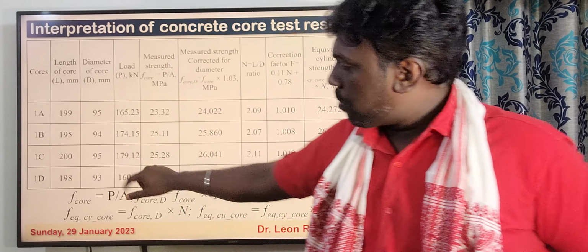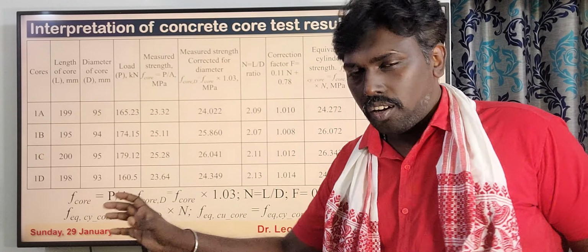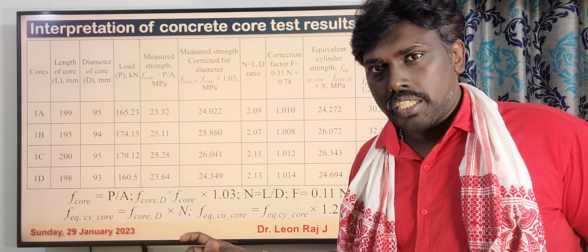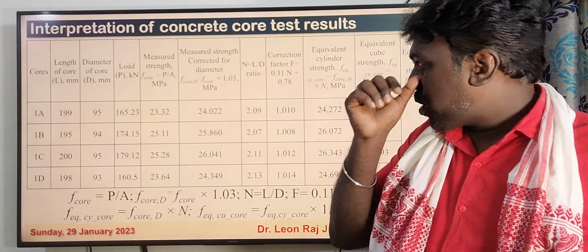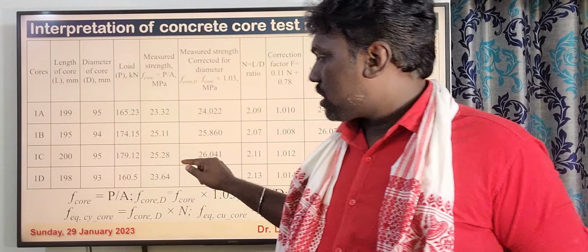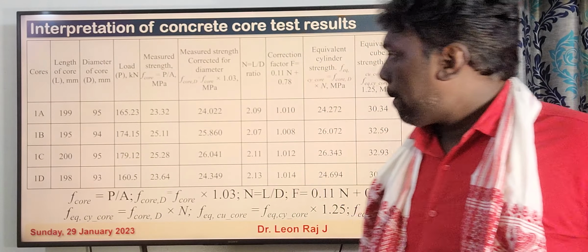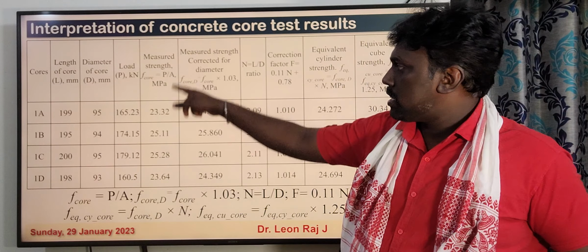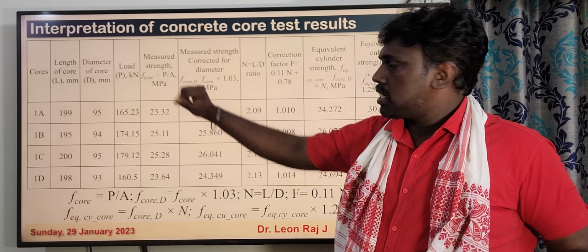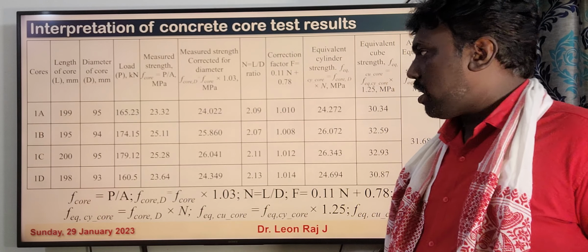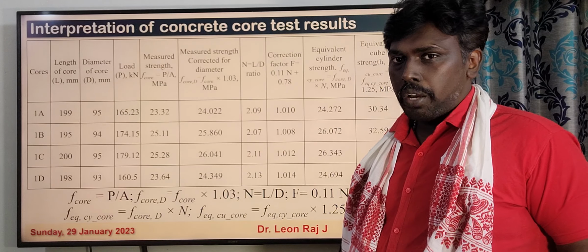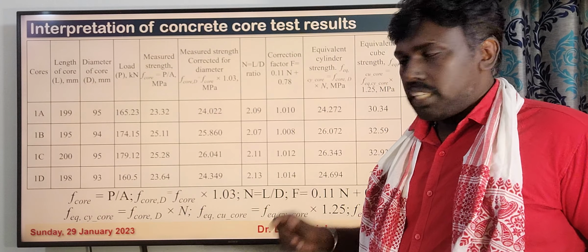The applied load, that is, once you place the concrete core into the compression testing machine, shall be 165 kilonewton for 1A, 174 kilonewton for 1B, 179 kilonewton for 1C and 160 kilonewton for 1D. The measured strength F core is equal to load by area. Area formula is pi by 4 d square.